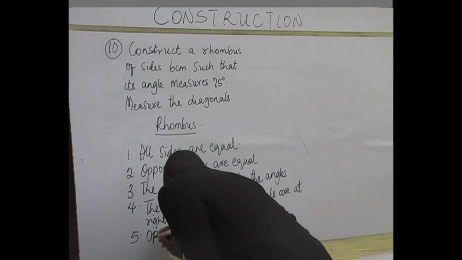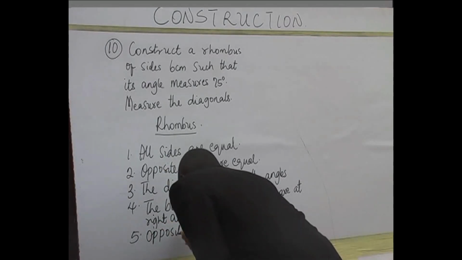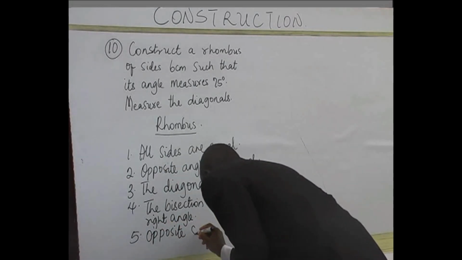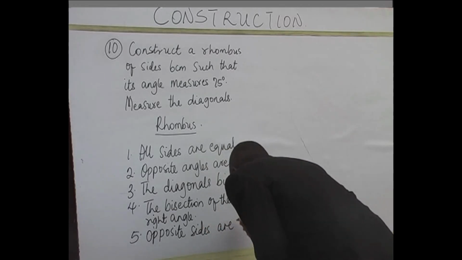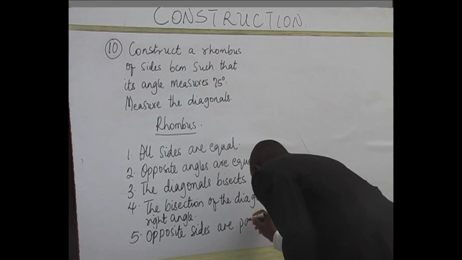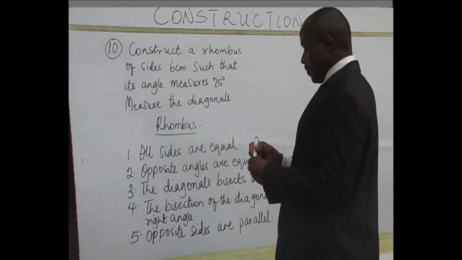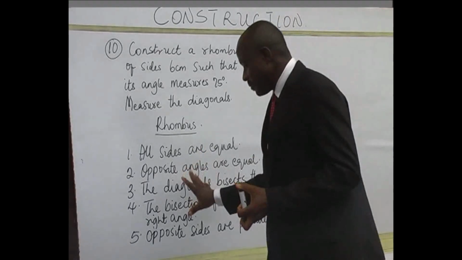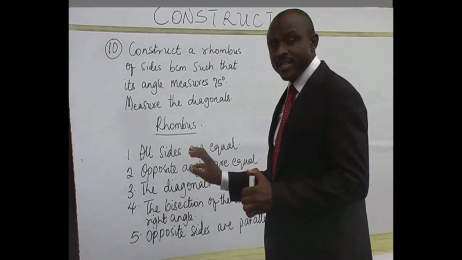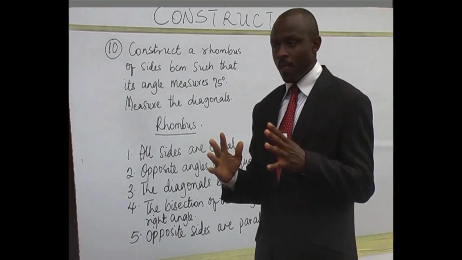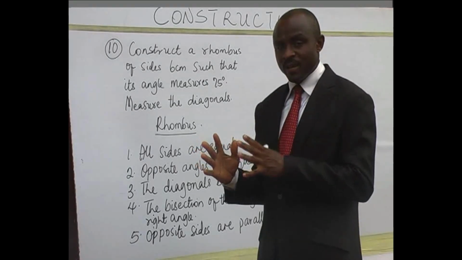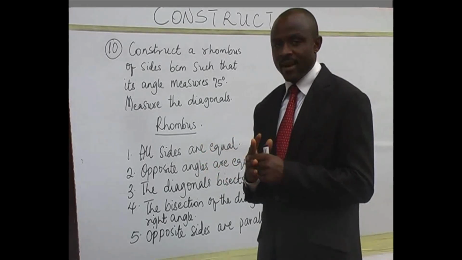Opposite sides are parallel to themselves. These are the 5 characteristics that are peculiar to a rhombus that differentiate it from other shapes, especially other quadrilaterals.